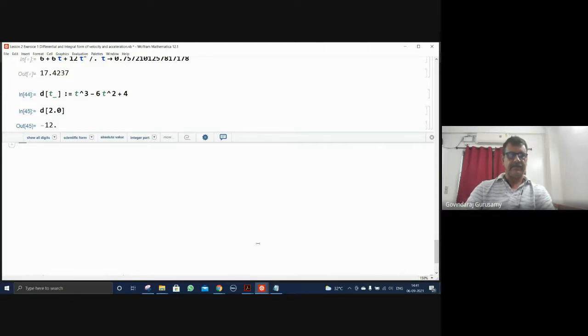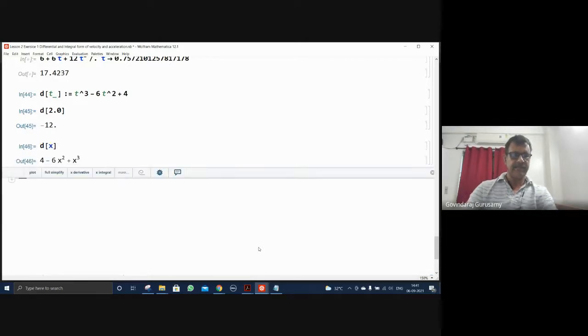Now the d of t which has been defined here is evaluated when I call it. Let me take d of x instead of the variable t. I'm getting the same equation which has been given here, in the variable x. This option is available for you. You can have any variable in this place and you will get the same equation again and again.